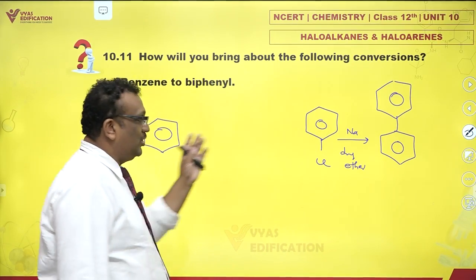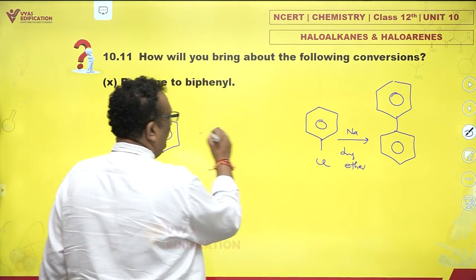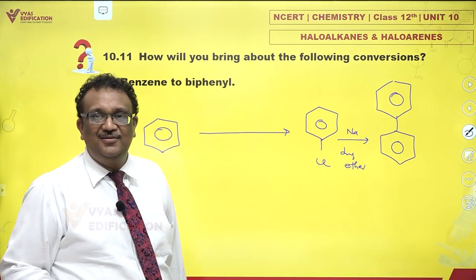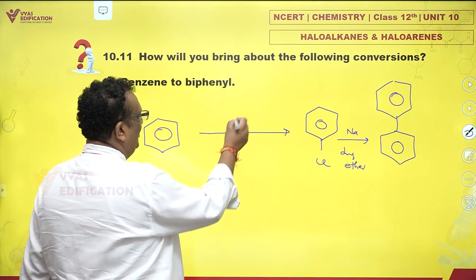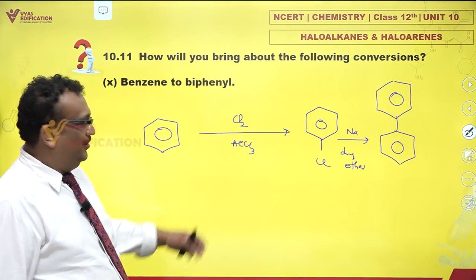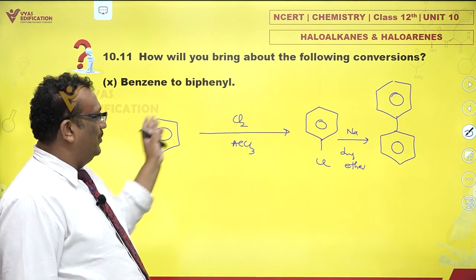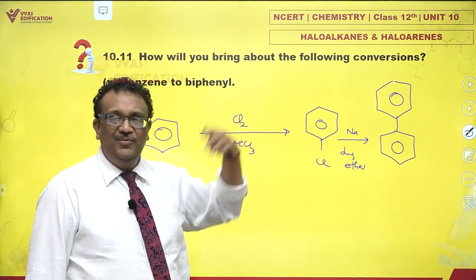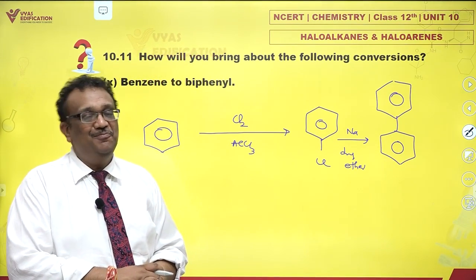So all I need to do is to convert benzene to chlorobenzene. And how would I do that? That's again simple. Chlorine, AlCl3. Electrophilic aromatic substitution on benzene will give you chlorobenzene, and from there you can get biphenyl by the Wurtz-Fittig reaction.